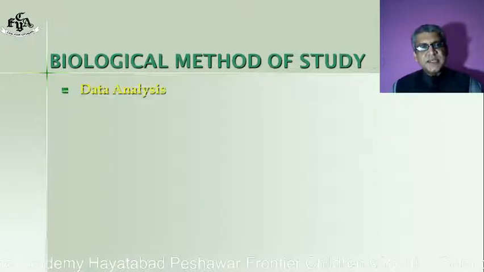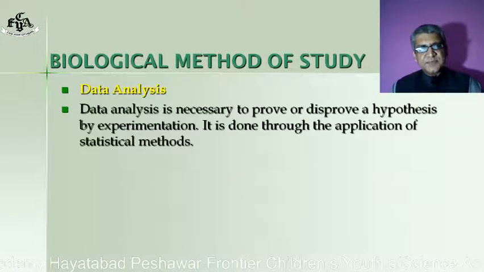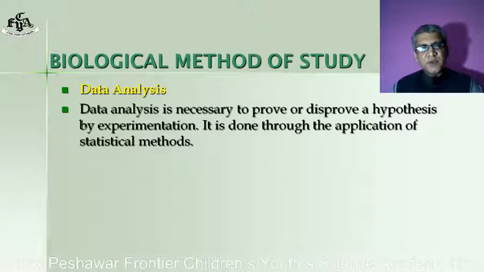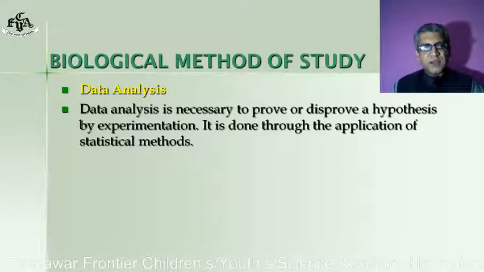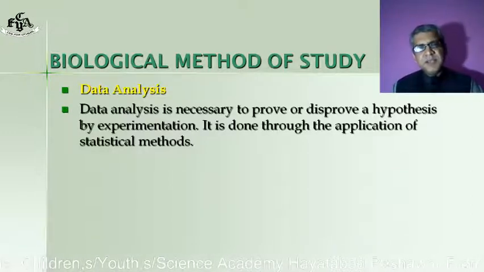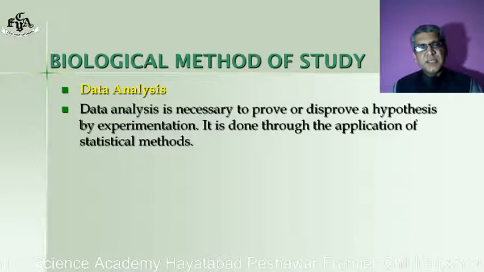Next is data analysis. Once the data is taken in the form of a graph, table, or chart, then the data are analyzed by mathematical and statistical formulae, and from those formulae the scientists conclude the result.